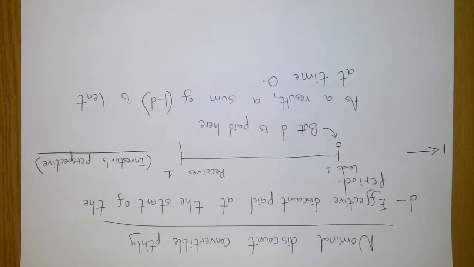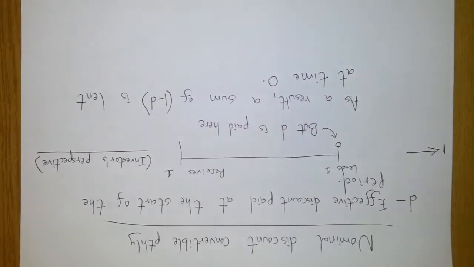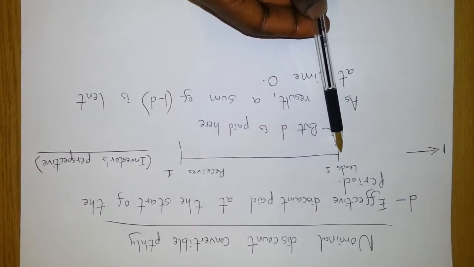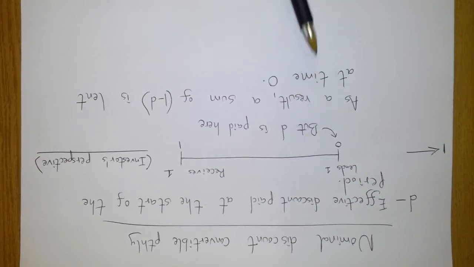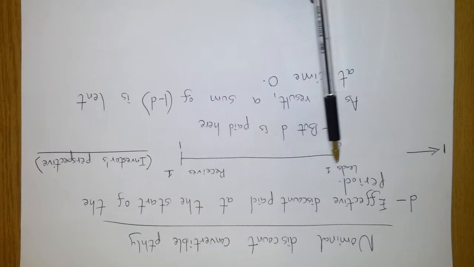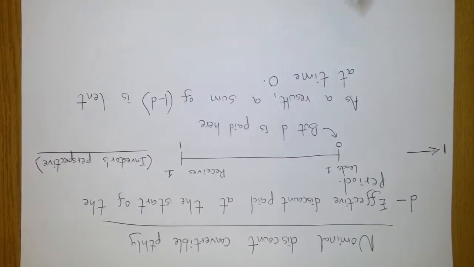But then the investor receives an interest of amount d at the beginning of the investment period. In effect, we have the investor receiving d here, so this investment is actually equivalent to the investor investing 1 minus d and receiving 1 at the end of the period.